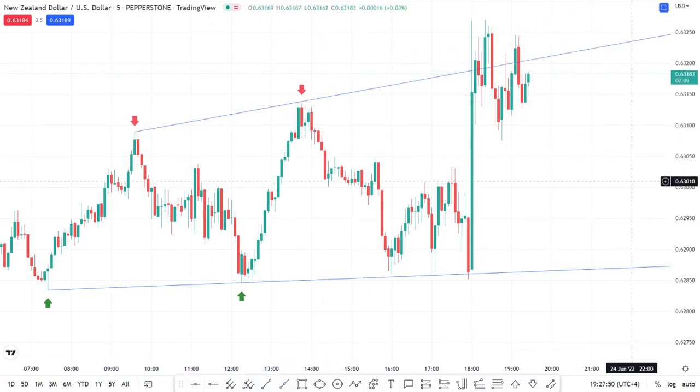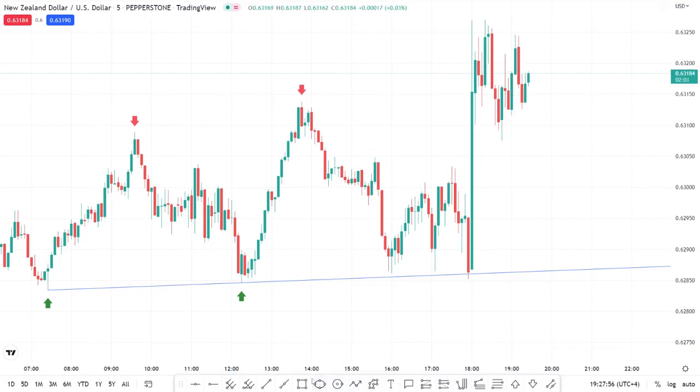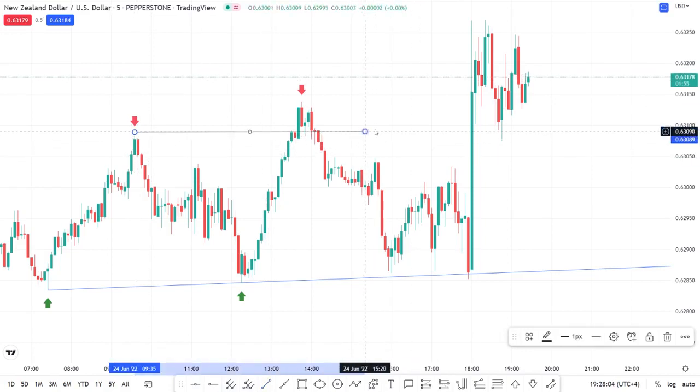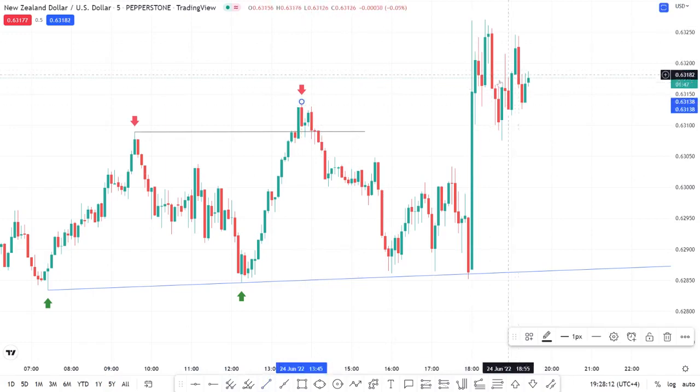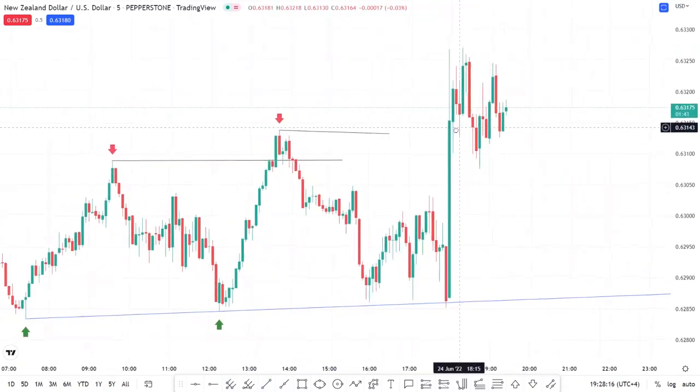That's the undeniable fact kasi meron tayo ditong break ng structure each time na mag-create ng higher high. So, for all intents and purposes, this we can identify as an uptrend. Meron tayong break of structure, previous high, now we have another higher high, and here, another higher high as well.